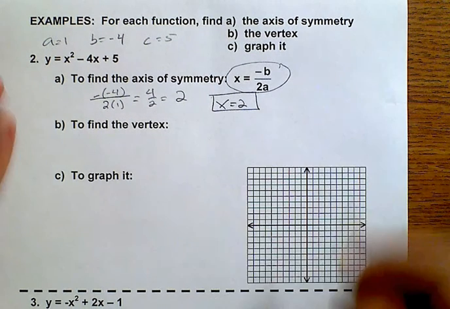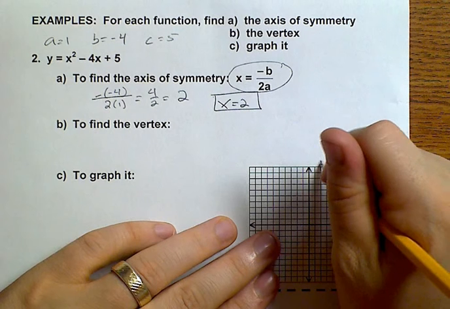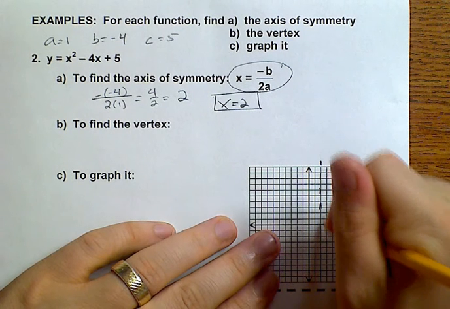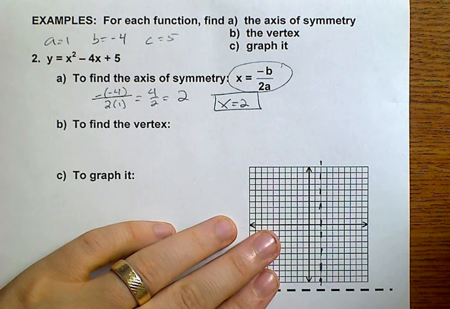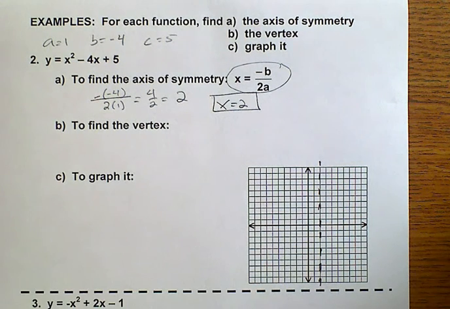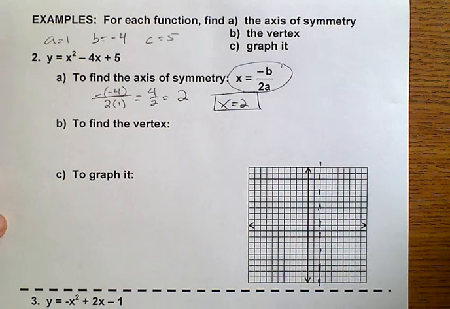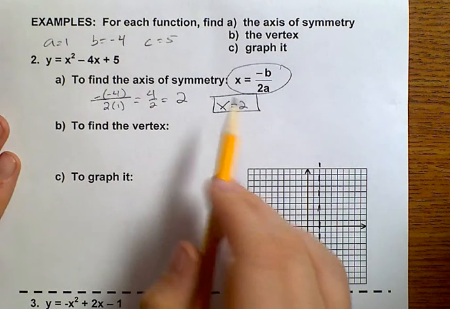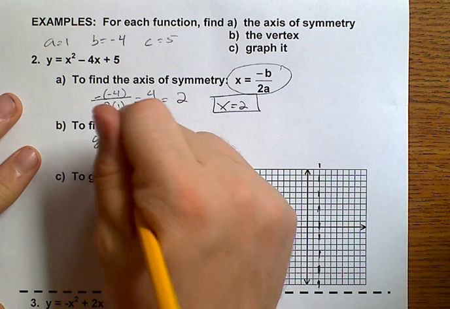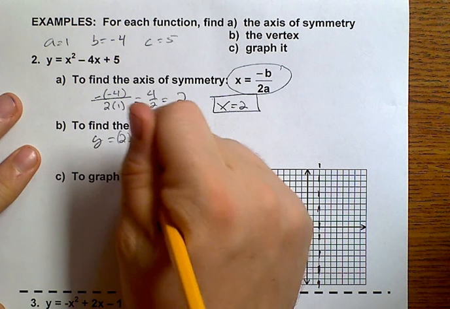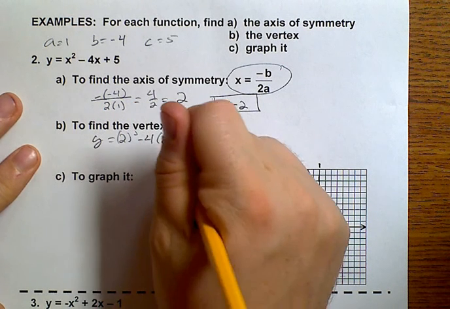So I come over here to 2. I'm going to go ahead and draw my axis of symmetry. Now to find our vertex, I know that x equals 2, so I'm just going to plug 2 in. y equals 2 squared minus 4 times 2 plus 5.